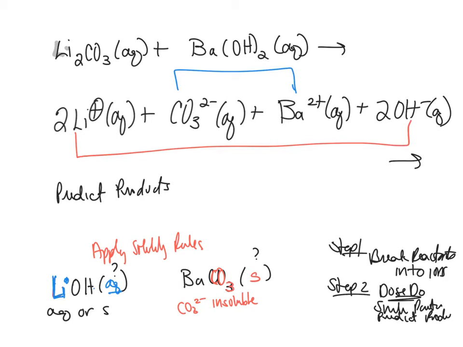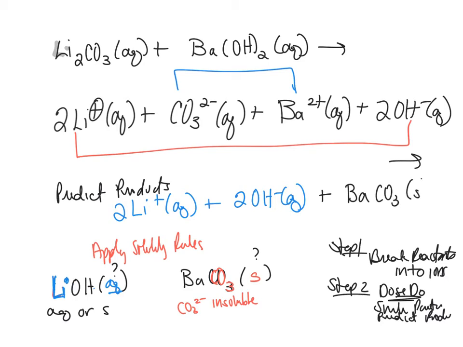When we predict the products, anything that's aqueous is going to stay in its ion form, so we can just copy that here. And then the barium carbonate is going to be a solid, so we keep that together.